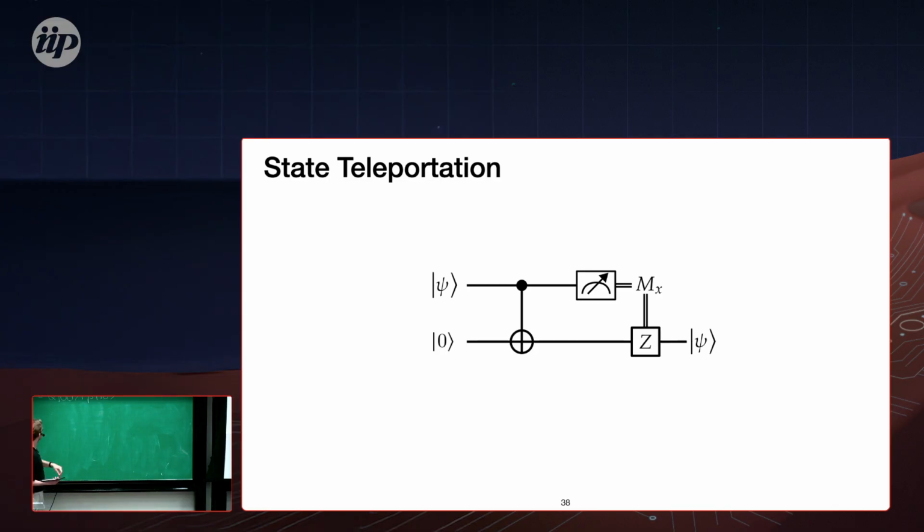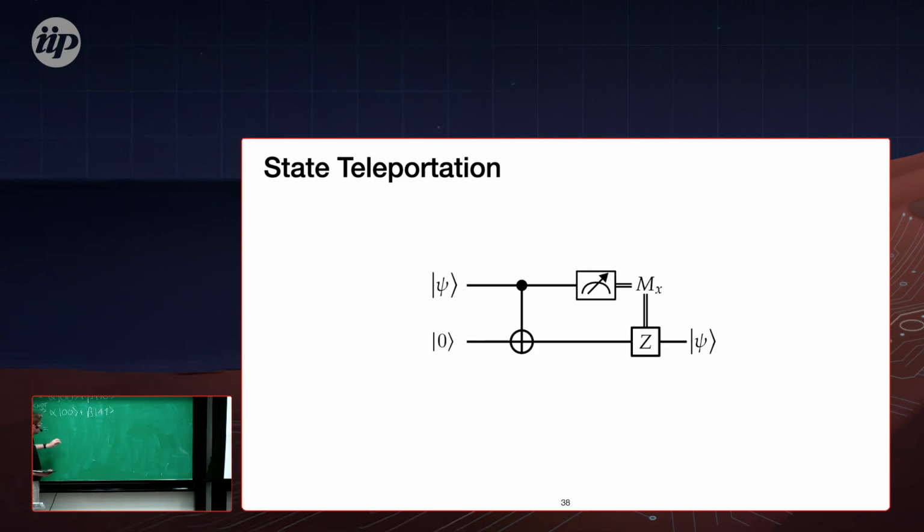The first CNOT we'll put this into alpha |0,0> plus beta |1,1>, which is also equivalent because |0> is 1 over square root 2 of |+> plus |->, and |1> is the same with the minus sign.